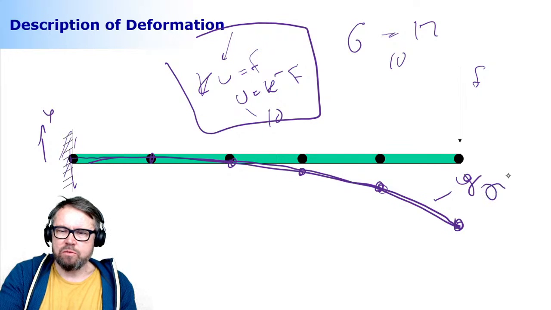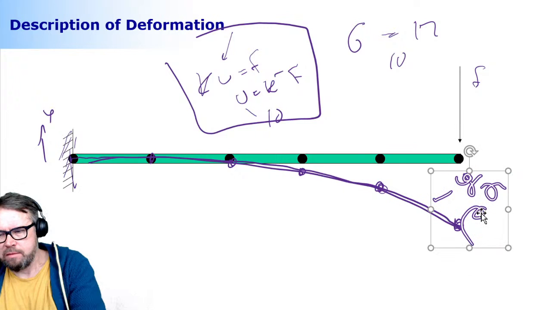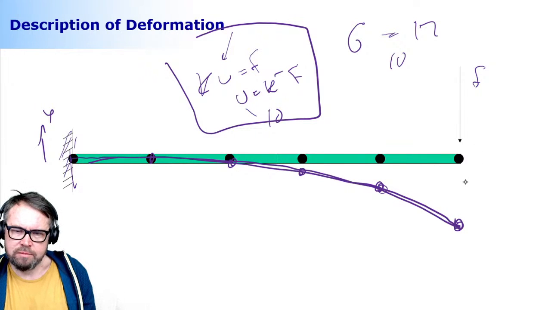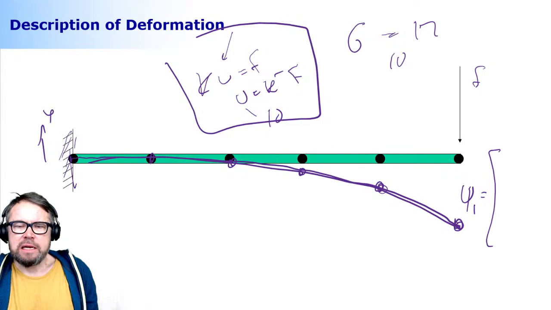Let's call it a mode, this deformation mode, which is a vector here. This is a vector that tells the relative displacement between the nodal coordinates.